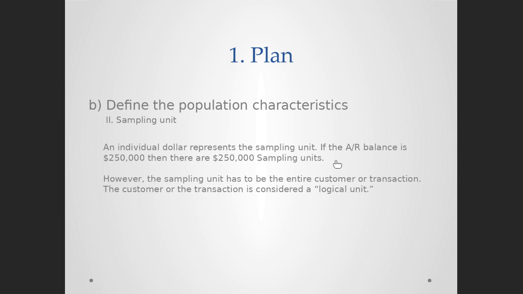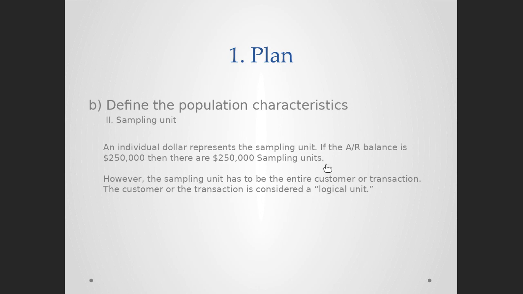So for example, if the total accounts receivable balance is 250,000, when we say monetary unit, that means every single one of those dollars is a unit. But you cannot sample based on dollar units.